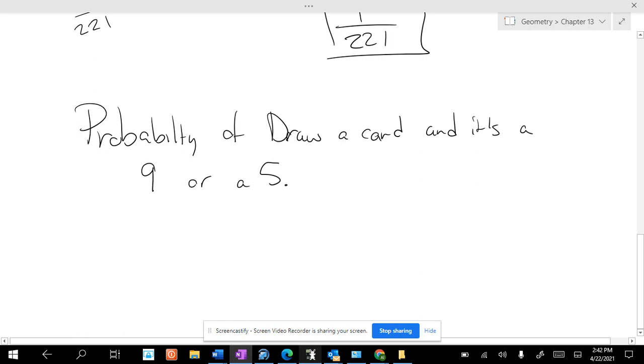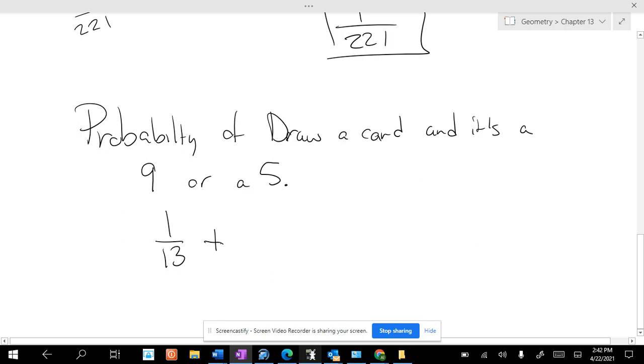You draw a card. What's the probability that's either a 9 or a 5? Well, can a 9 and a 5 be on the same card? No, they're different cards. So the probability of drawing a 9 is 1 out of 13.